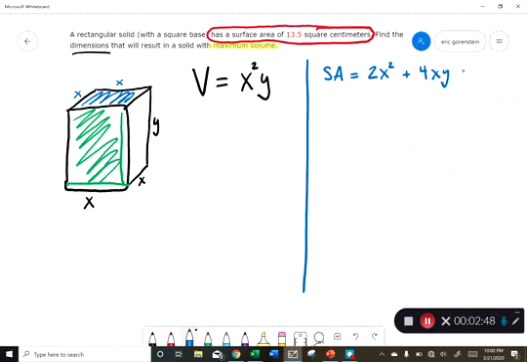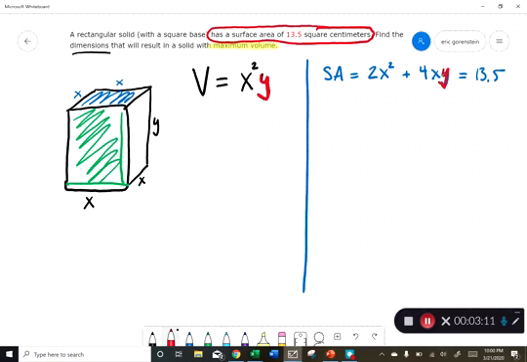And we're told that the surface area is 13.5. Okay, so what we basically want to do here is get rid of the y. All right, so let's solve for y. Then we could do a little substitution.